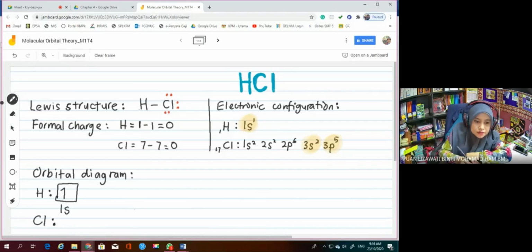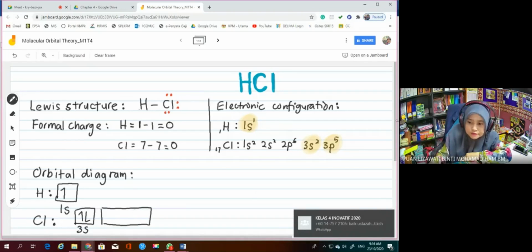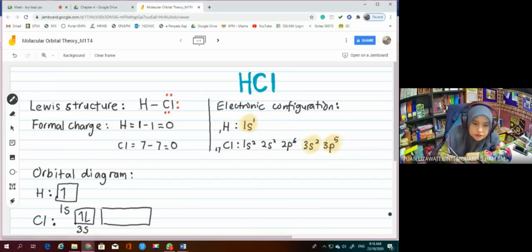For Cl, no need to draw the orbital diagram for the inner electrons, just the valence electrons only. So we have 3s, and then we have another 5 located in 3p, like this. So draw the valence electrons.